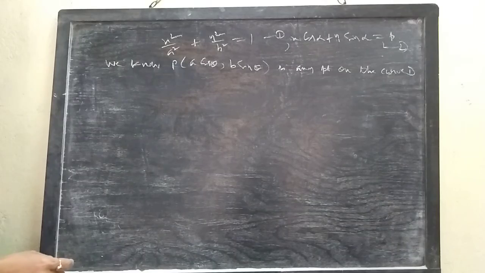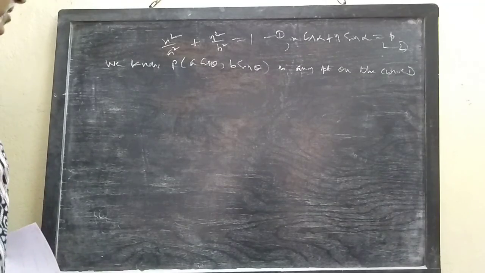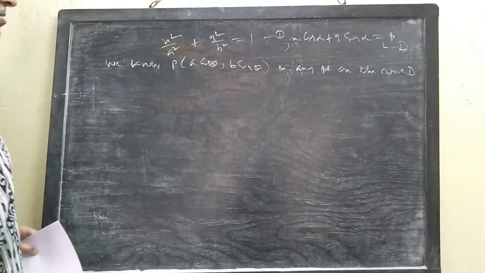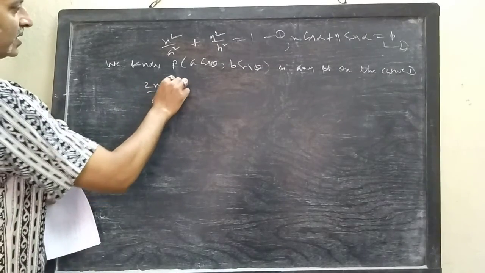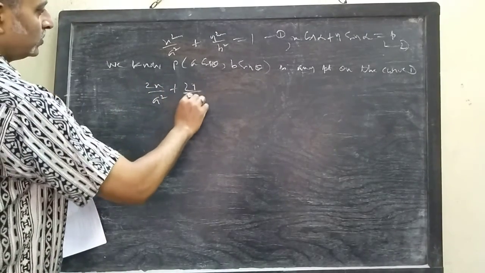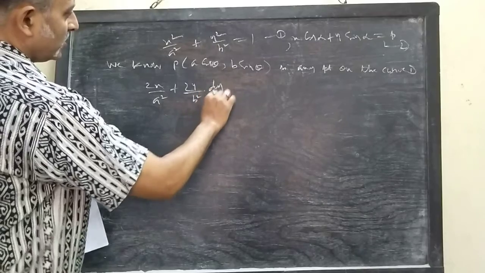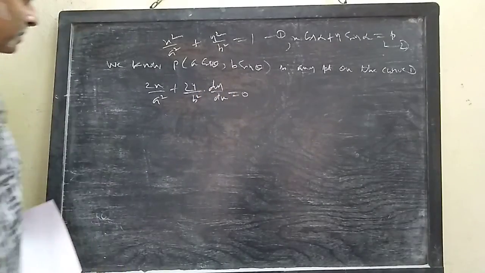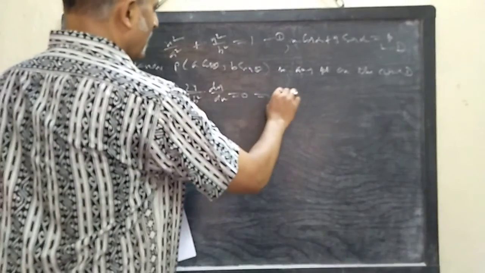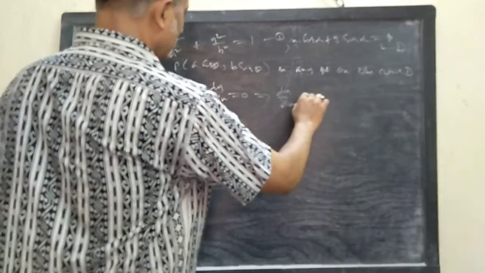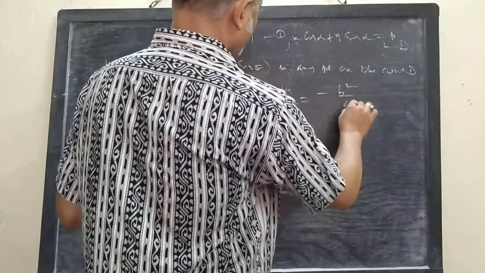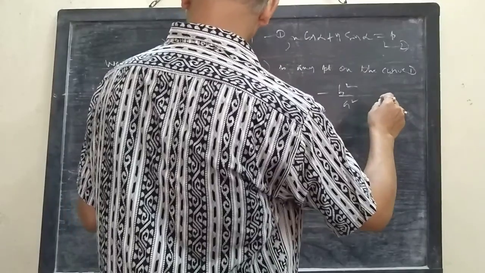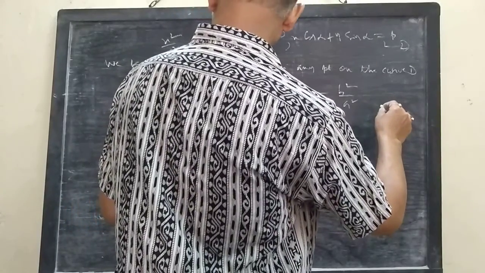For this we have to differentiate both sides of 1 with respect to x. Differentiating both sides of 1 with respect to x, we get 2x by a square plus 2y by b square into dy dx equals 0. That implies dy dx equals minus b square by a square into x by y.